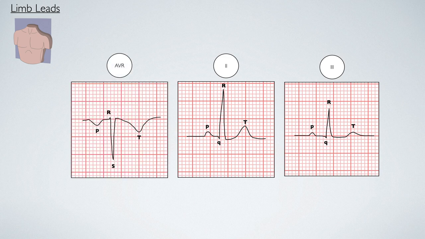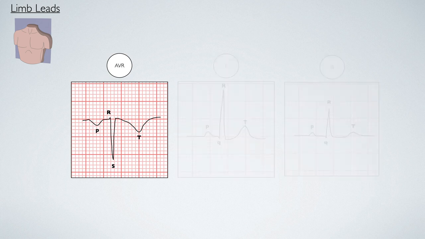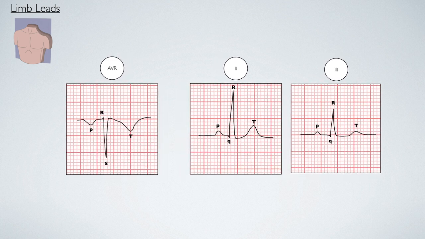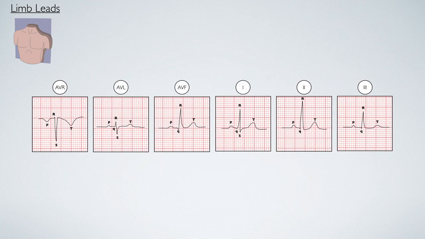The reason for this is that the vectors producing the waves are all moving away from the AVR lead. The QRS complex in this lead again is an RS wave. If we turn our attention to leads 2 and 3, you'll notice here that the QRS complexes are actually QR complexes. This is a normal variant and still represents full depolarization of the ventricular myocardium.